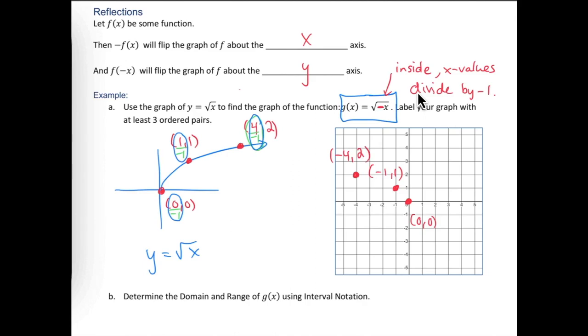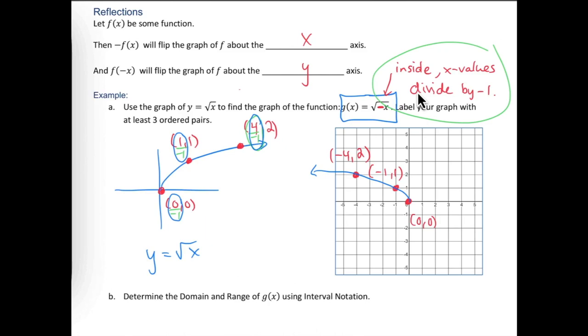The y value doesn't change, and so then we get our graph. Notice after we divide out the x values by -1, the graph has now been flipped over the y-axis. So we use these algorithms to affect each of the ordered pairs, and what we see as a result is that the graph was flipped over the y-axis.